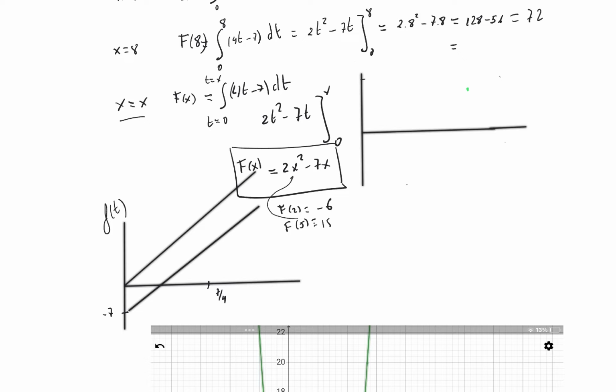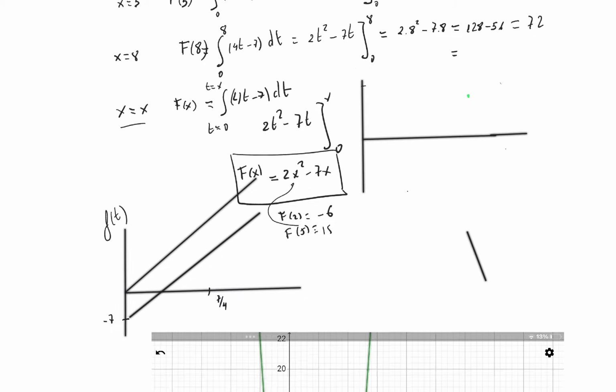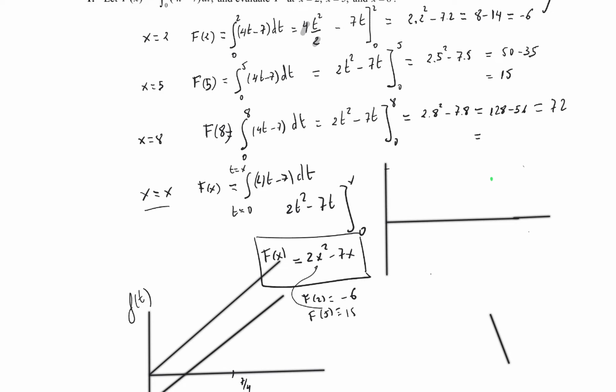The F of x, the one that is the antiderivative, is a function that I can plug values into. When x equals 0, it is 0. When x equals 2, it is minus 6.